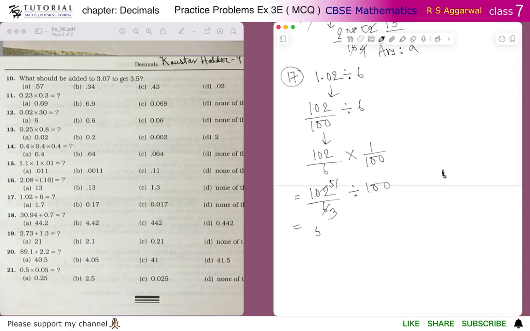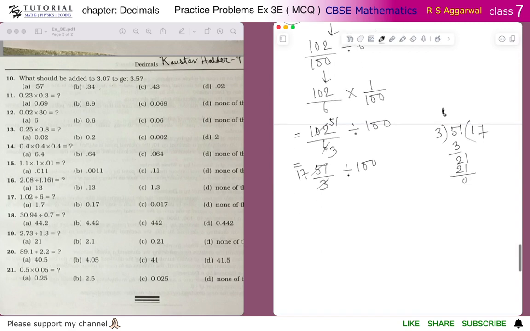So this is 51 by 3 divided by 100. Now let's convert the 51 by 3 fraction to a decimal number. It is simply dividing. So this is 17. This becomes 17, meaning 17.0 divided by 100.